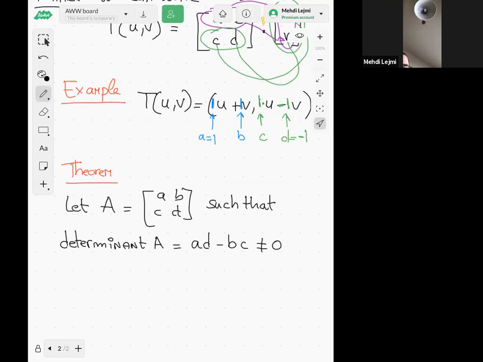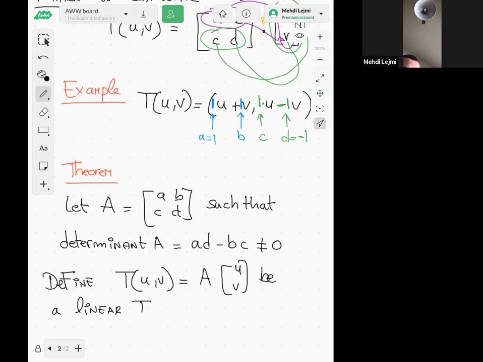Then define T of UV as the linear transformation given by this matrix A, so T of UV is equal to A times UV. Then T is a linear transformation.